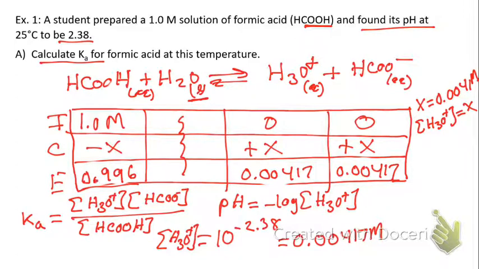And it's very close to 1, which we would expect, since this is a weak acid and we don't have much dissociation going on.